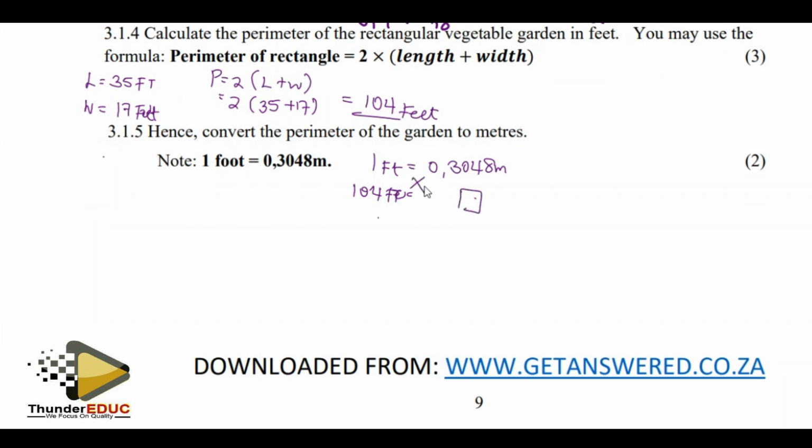We cross multiply. So the answer is 31.6992 meters.